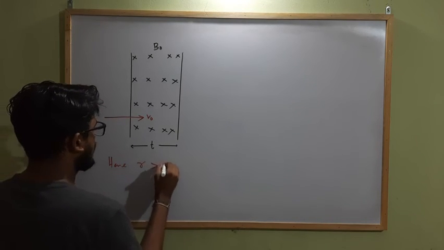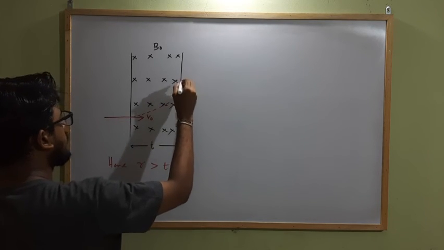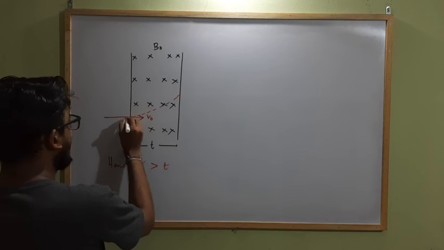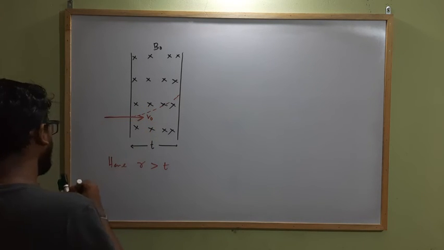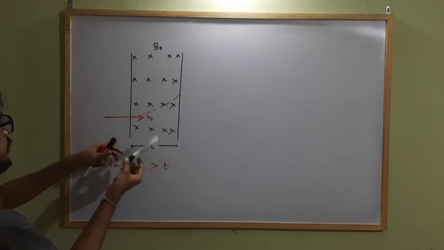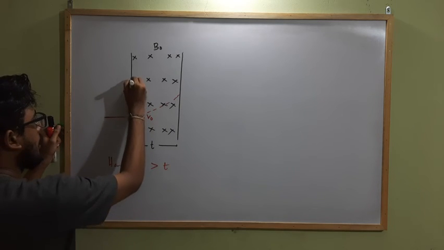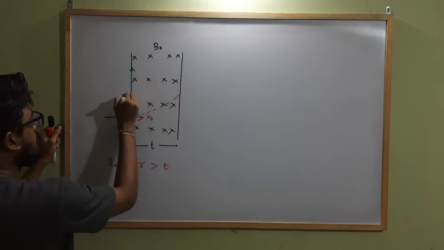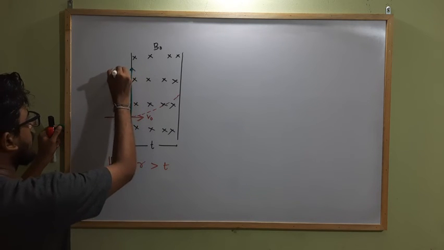Here r is greater than t, that means the circular arc about which the charge is moving. This is the direction of velocity, this will be the magnetic field. According to the right hand thumb rule, the force will act along this direction, and this will be the magnetic force, this will be the radius r.